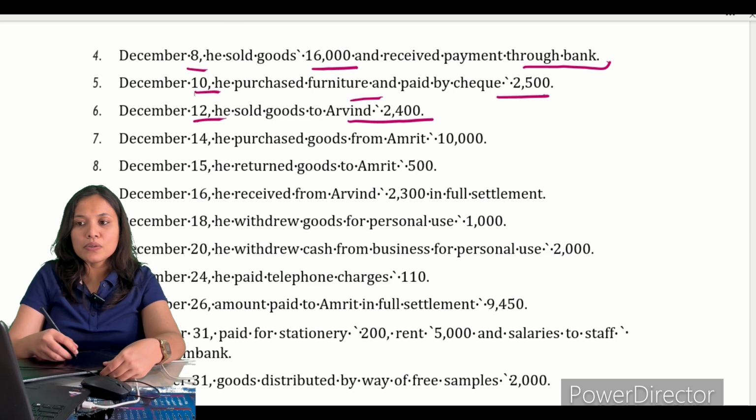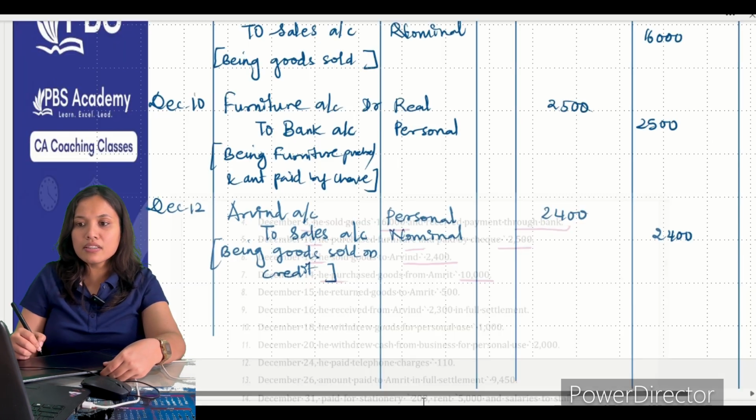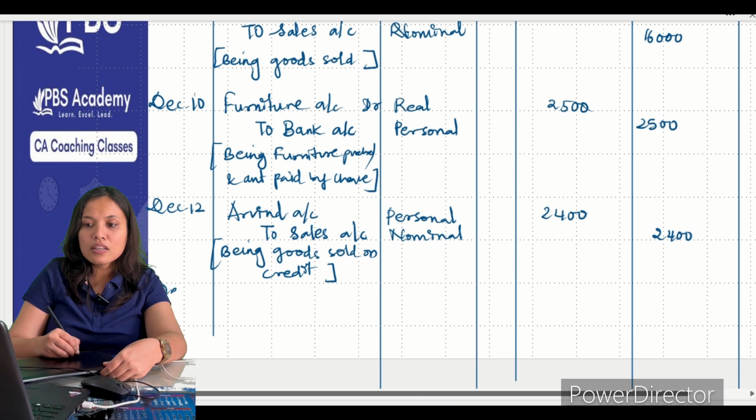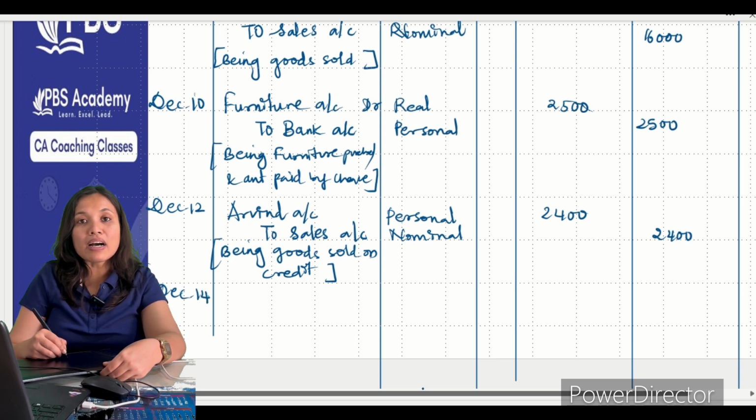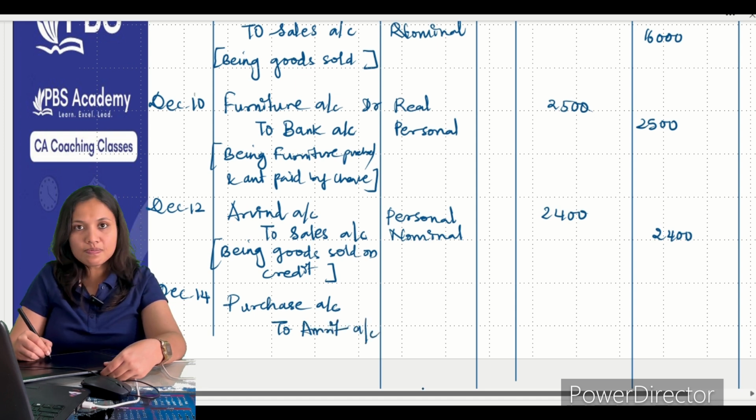Moving on, he purchased goods from Amrit, 10,000, December 14. Goods purchased from whom? Amrit. Now, who is the giver? Amrit is the giver. Purchase account expense increases, so debit purchase. Amrit account, credit the giver.